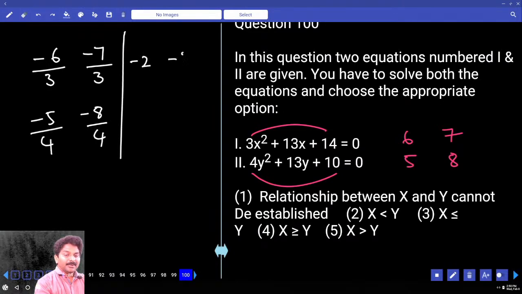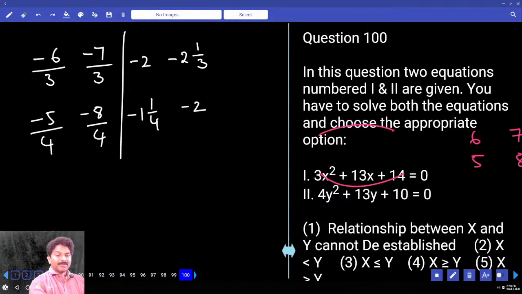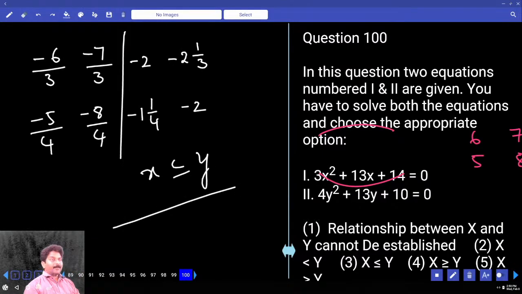Minus 2, minus 2 1 by 3. Minus 1 1 by 4. Minus 2. X less than y. X equal to y. X less than y. X is less than or equal to y. Over.